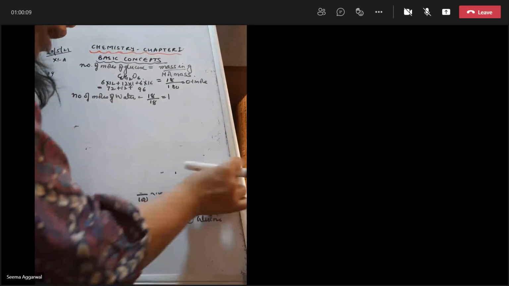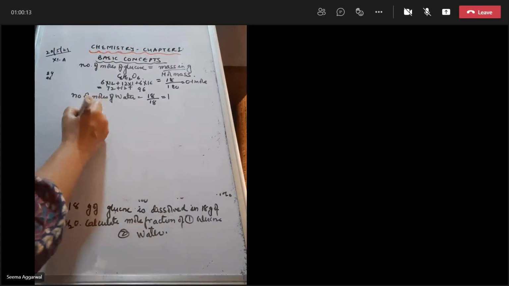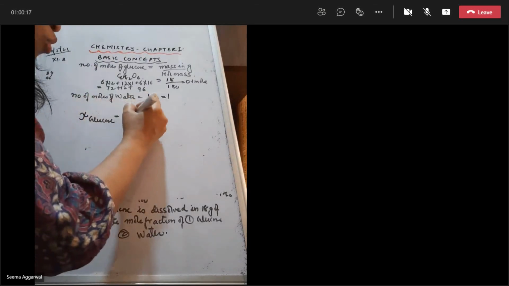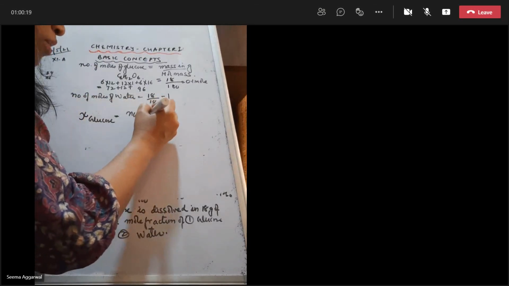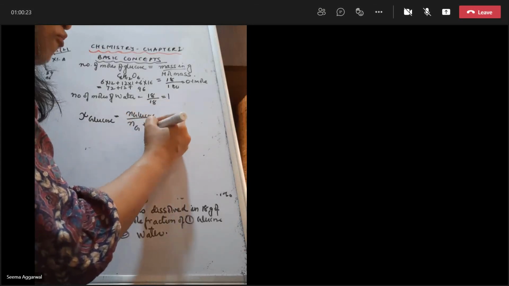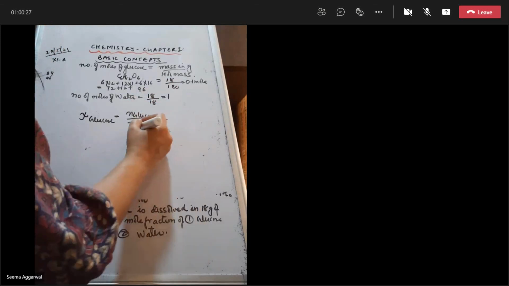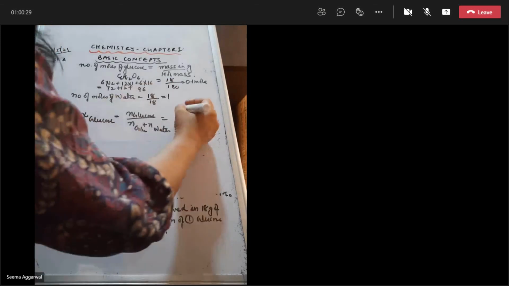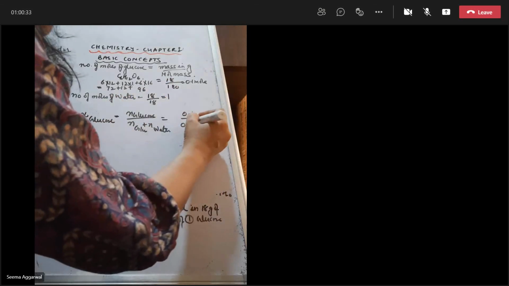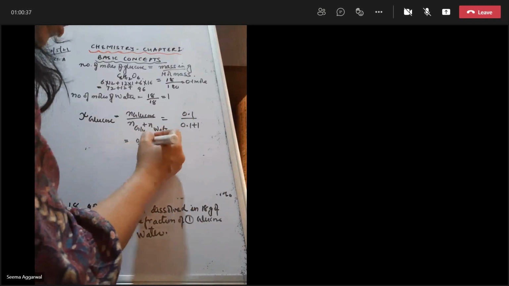Now we have to calculate the mole fraction of glucose, which means number of moles of glucose upon number of moles of glucose plus number of moles of water. The number of moles of glucose is 0.1 plus water 1. 0.1 upon 1.1. What is it?